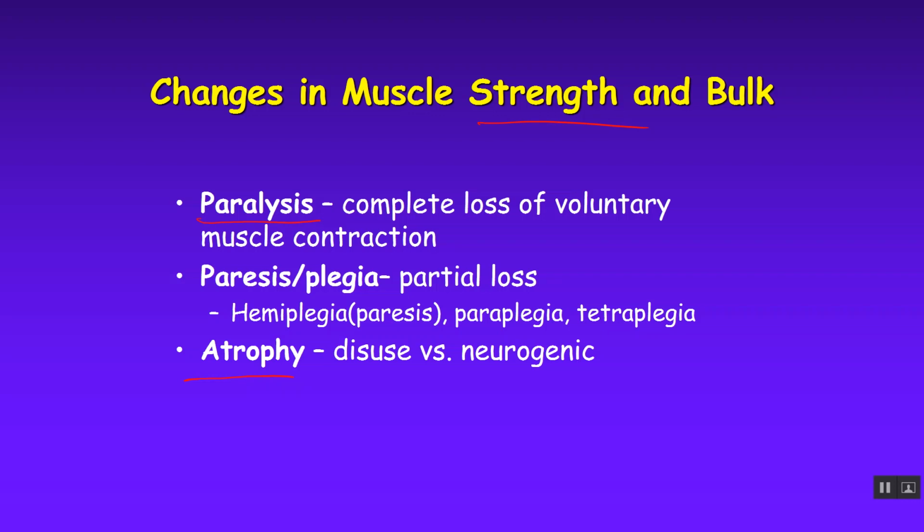Even if I can't improve the lesion or the signal getting to the muscles, if I use it in a purposeful way, I can at least ameliorate some of the disuse atrophy, even though I may not be able to take care of all the neurogenic atrophy. I may only get the muscle up to a certain point. If they can't generate strong enough signals to that muscle, it may never be as big as the other side. But it may be bigger than what it is now if I can get them to do a good strengthening program, because they haven't been active for the last 10 years.